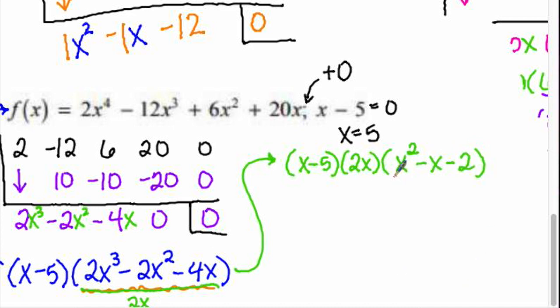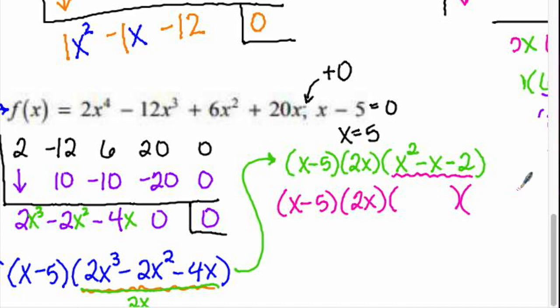So then we ask, can this factor any further? And yes, it can. So I'm going to bring down my x minus 5. I'm going to bring down my 2x. And then this guy we're going to factor. You can use your hopscotch squares and use your grouping or your box. I'm going to do this one without either one of those. So because the coefficient here is a 1, I know that x times x would give me x squared.